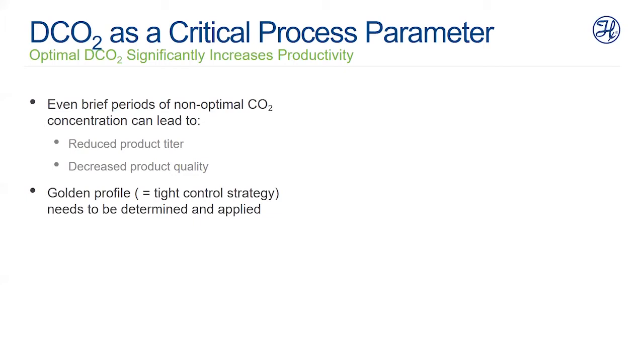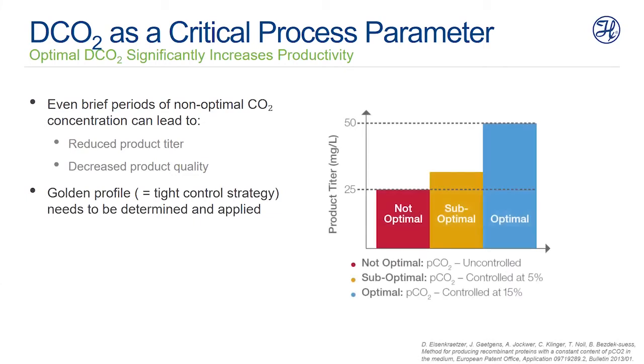It can actually be used to significantly improve your productivity. This example from a recent Roche patent shows a 100% increase in titer. That means double the amount of product between a process that's uncontrolled and an optimally controlled process. So there's a clear benefit in determining a golden profile for dissolved CO2 and tightly controlling to that concentration.